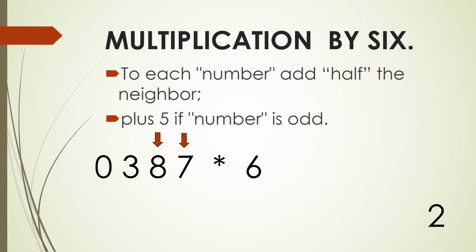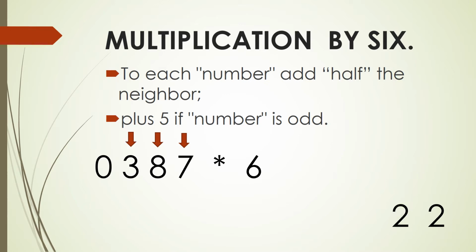Next one is an 8. 8 is even, so we just need to add to that 8 half of the neighbor, which is 3, plus the number 1 that we were carrying. So in total it's 12. We write the number 2 and carry the number 1.